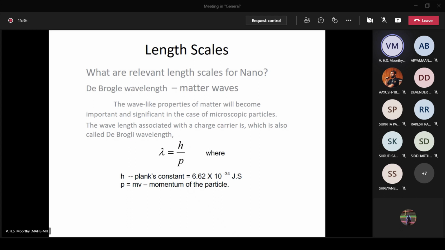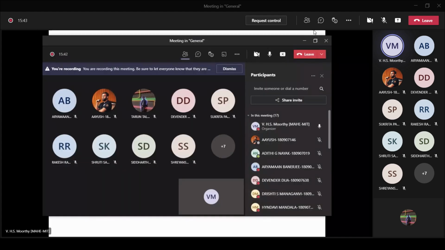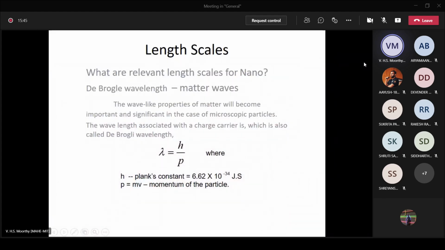So now we are discussing one more important topic called length scales. As we started discussing in the previous class, we must know what size or dimension a particle must have to be called a nanoparticle.